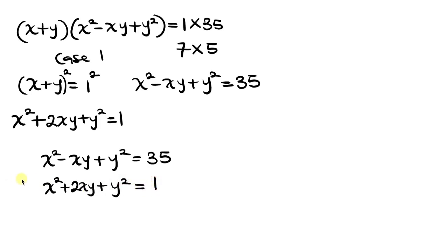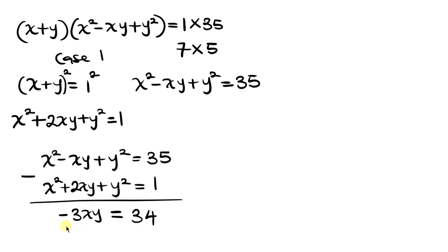Now we're going to be subtracting the two equations. On subtracting, x squared minus x squared is 0. And negative xy minus 2xy is negative 3xy. And then y squared minus y squared is also 0, equal to, now 35 minus 1 is 34.